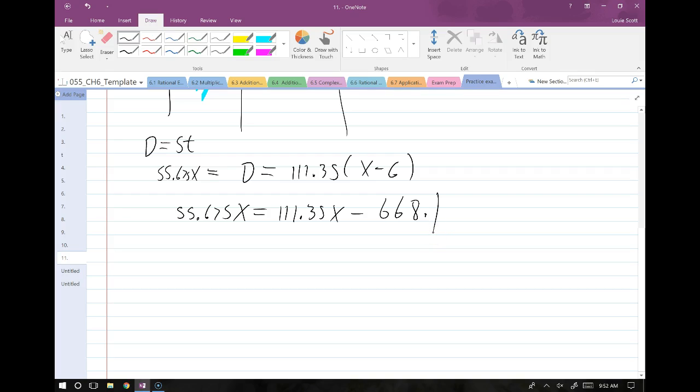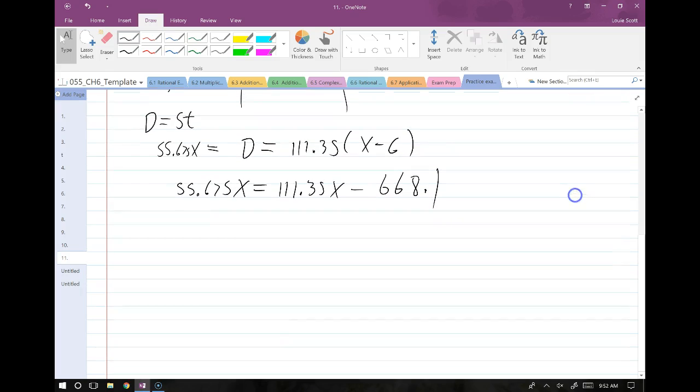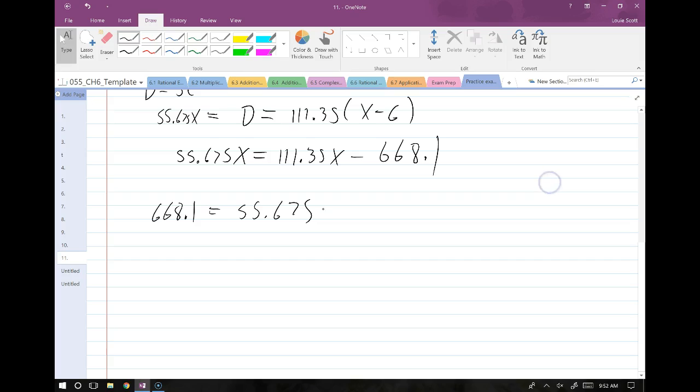668.1. Okay, so now I am going to add 668.1 to both sides, and then subtract 55.675x from both sides. All right, and so that's going to give me 55.675x.